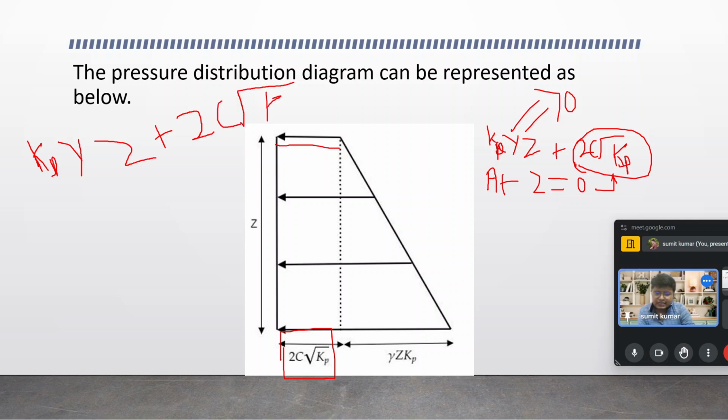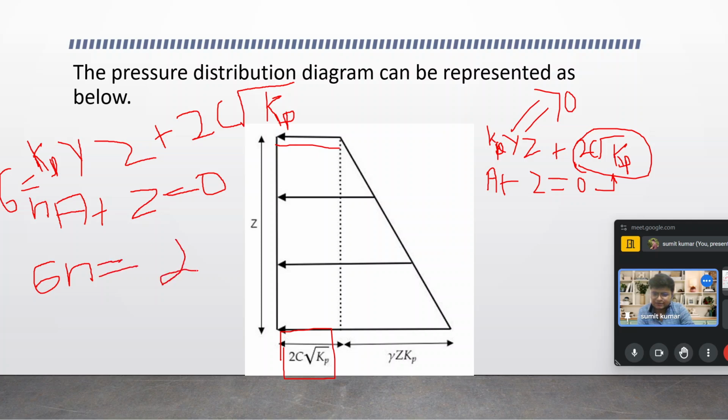So for this case, at z equal to 0, the value of sigma h, the passive earth pressure, is going to be 2c root Kp.